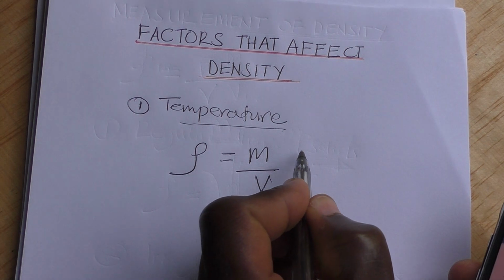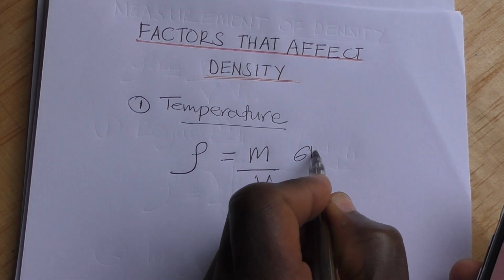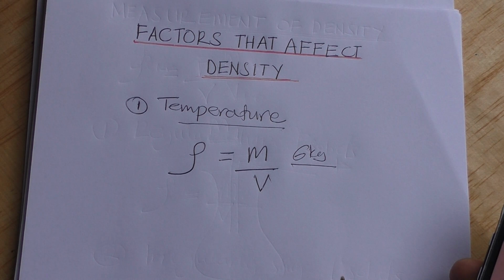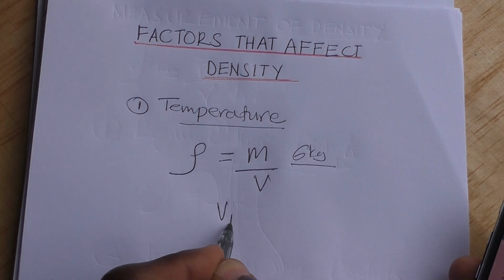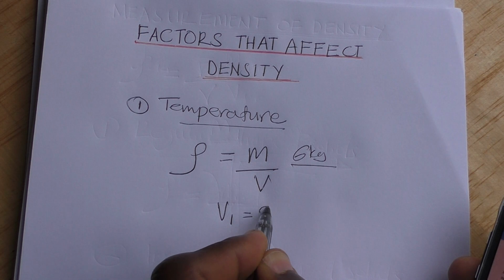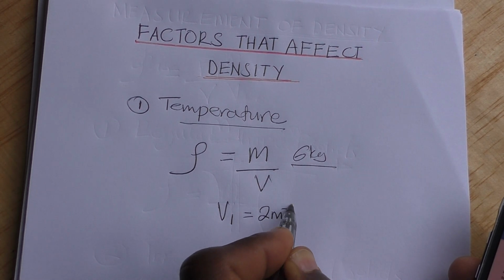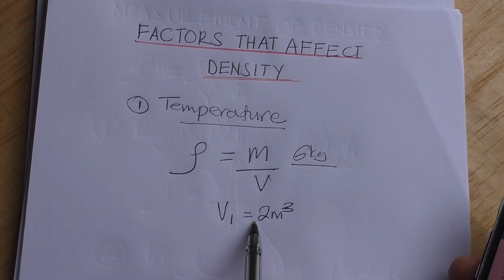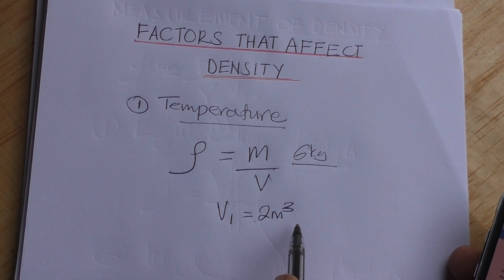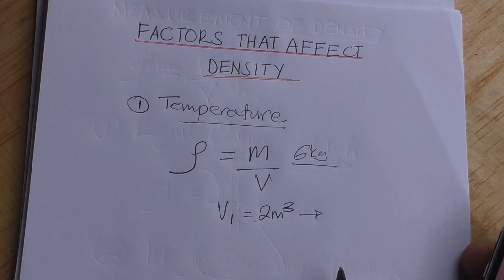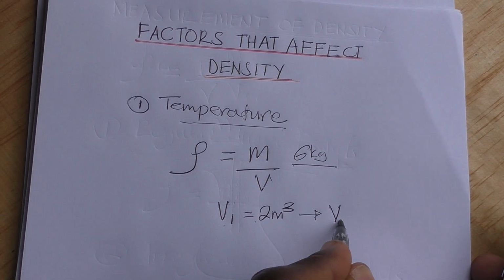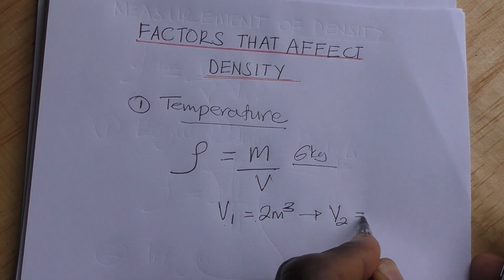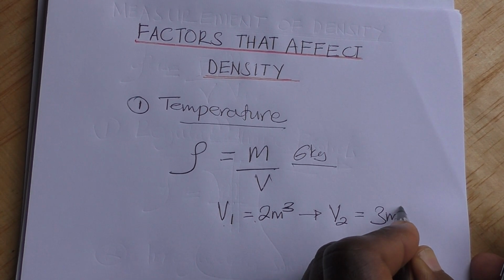Assuming the mass of a substance is 6 kilograms, and initially it had a volume V1 of 2 meters cubed, and you increase the temperature of this substance, which will increase its volume from V1 to V2, which is 3 meters cubed.